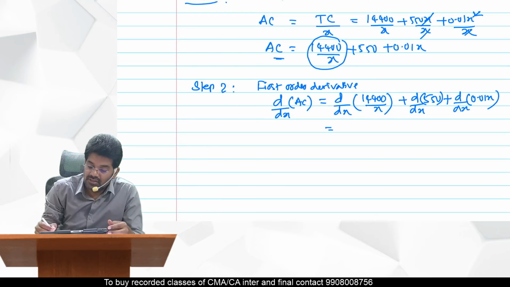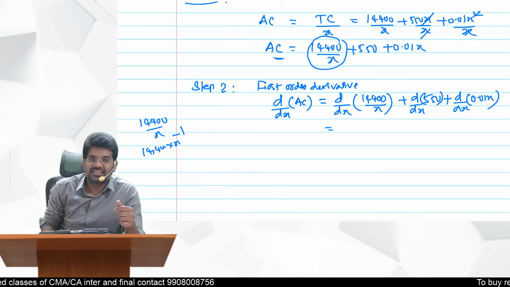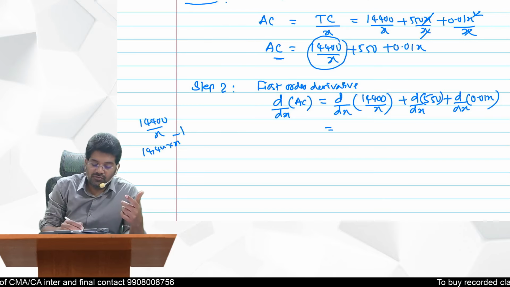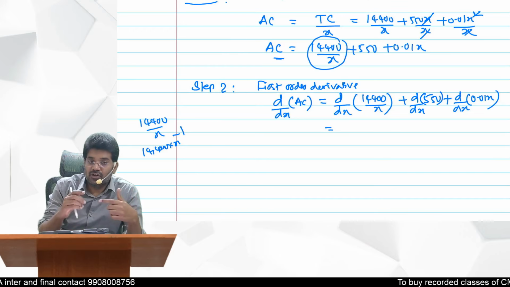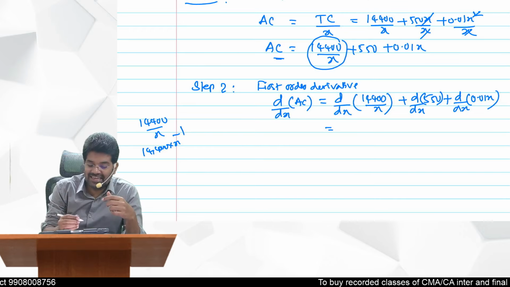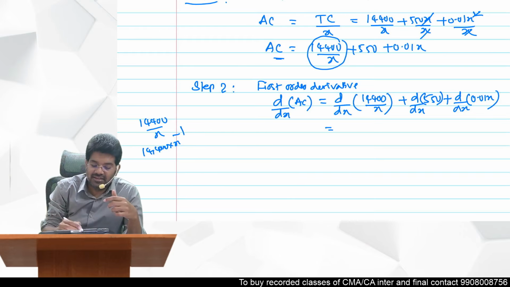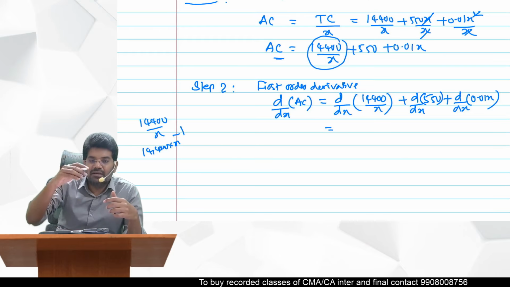Now how can I write 14,400 divided by x? It is 14,400 into x power minus 1. Non-math background students might face a little difficulty here. 1 by x can be written as x power minus 1, then it becomes x power n.